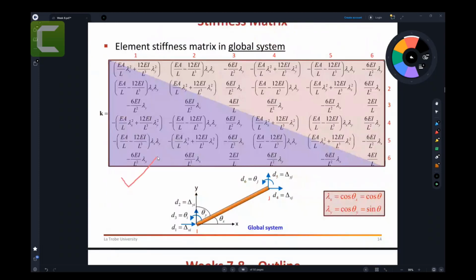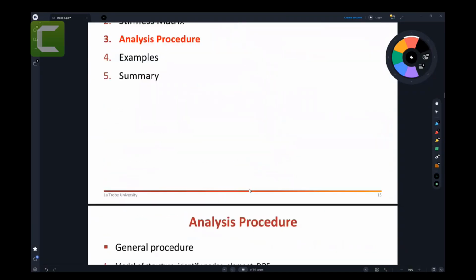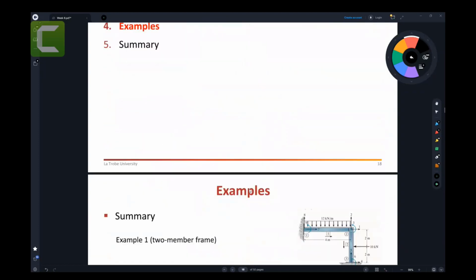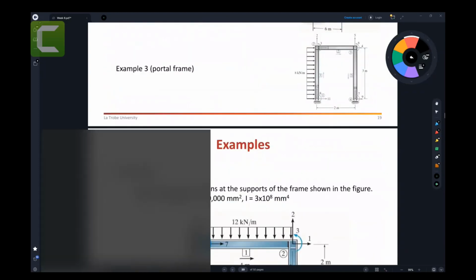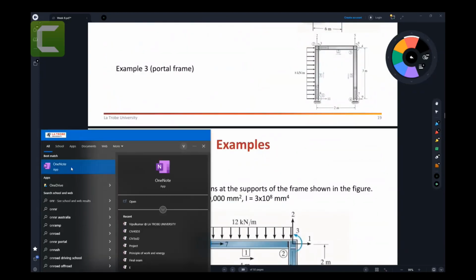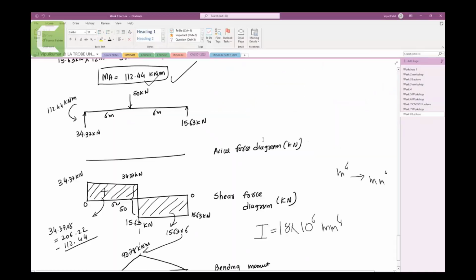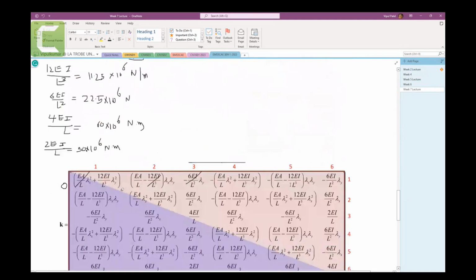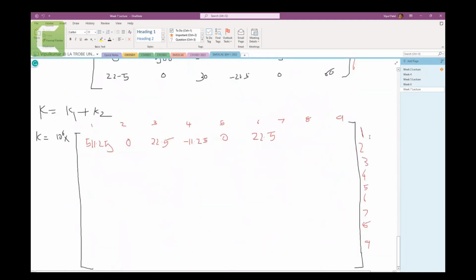We have obtained this big matrix that will be used to get the frame matrix. And then we solved these examples. If I open that OneNote, I can show you that we solved these ones and we got this K value.